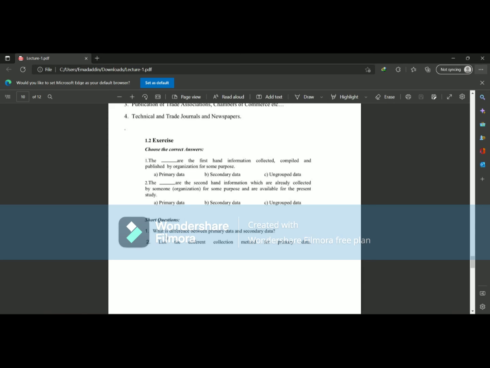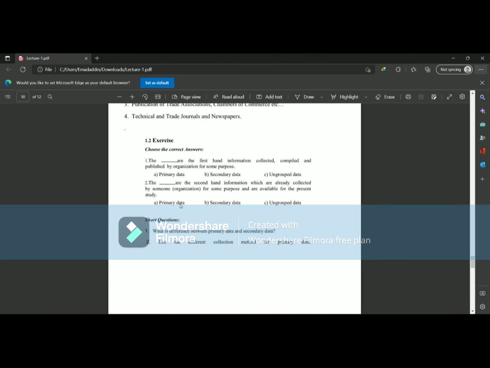Short question: what is the difference between primary data and secondary data? The primary data is the first-hand information collected, compiled, and published by an organization for some purpose, which has been done only by the person who did that investigation.